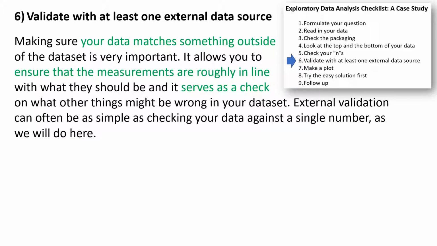Do they seem to be at least roughly in line with what we should expect? It also helps make sure we don't have something wrong with our data, that something didn't get messed up when it was read in. So for us, we might want to look at the ozone level and see if the values listed in our data seem to make sense.